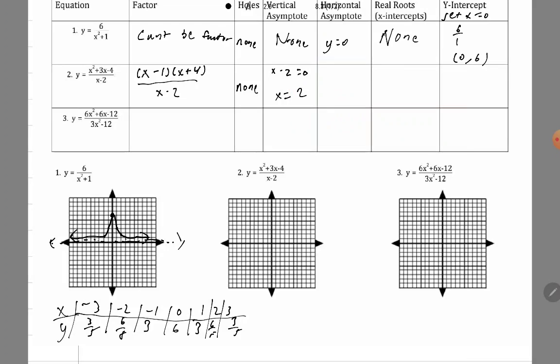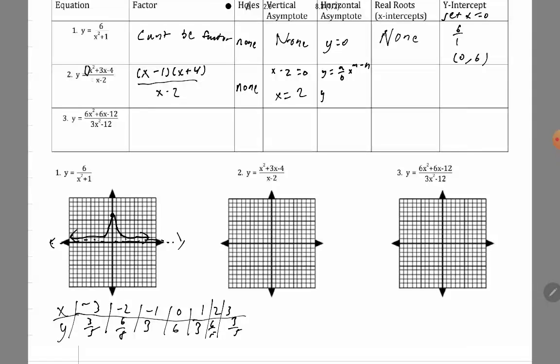Horizontal asymptote, so the numerator's degree is bigger than the denominator's. So we have y equals a over b times x to the m minus n. So we look at the coefficients here.